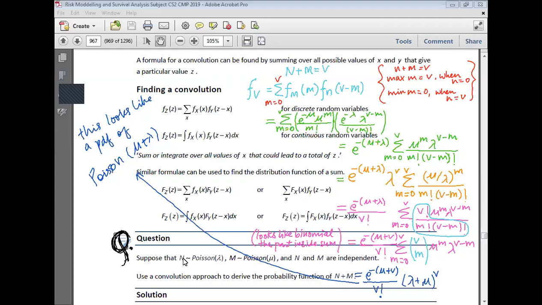Parameters of the random variables that we are adding up to make this V, right? So this is just a nice technique, and this is essentially how you have to derive through these concepts.